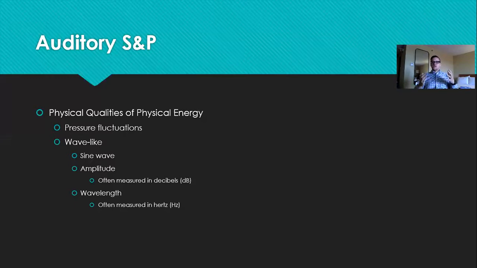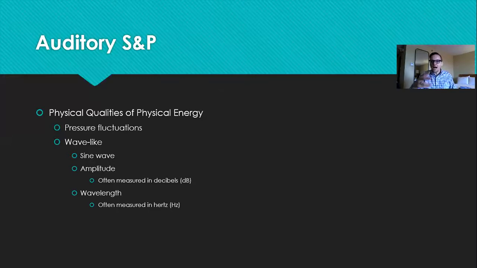When it pushes out, it pushes the air molecules right in front of it and smashes them up against the air molecules in front of them. When it pulls back, it pulls the air molecules back, and so it spreads them out. And so as the speaker pushes in and out, it's creating alternating patterns of compression and rarefaction.